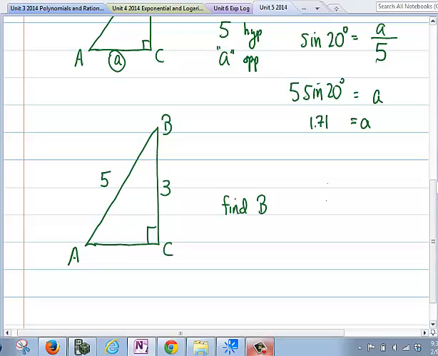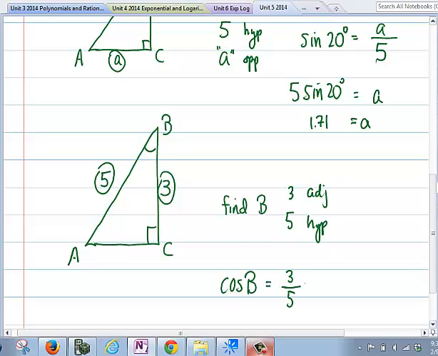Okay, so we identify side 3 and side 5 for angle B. Side 3 is the adjacent side because it's not the hypotenuse and it's right next to B. And the 5 is the hypotenuse. So this tells us that the ratio to be used would be cosine. So cosine of angle B is equal to 3 over 5.